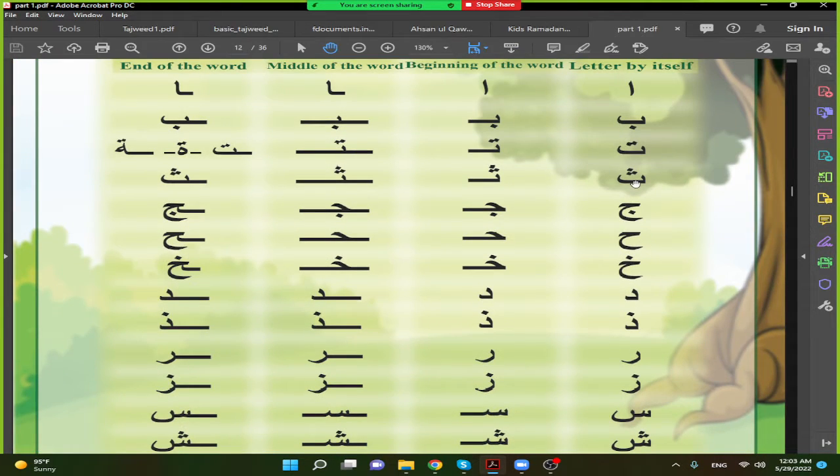Yes. And yesterday we learned about the separate letters, right? Yeah. Can you quickly tell me how many separate letters there are and what they are? There are seven separate letters. What are they? I have it written down.